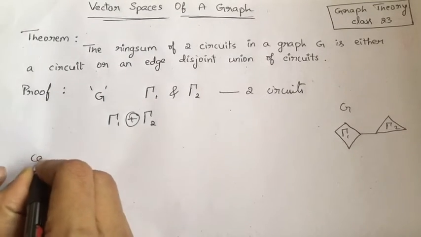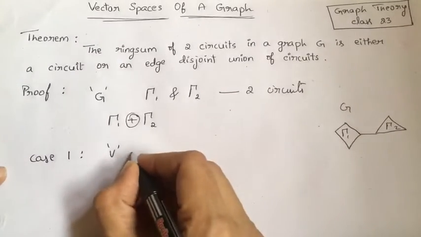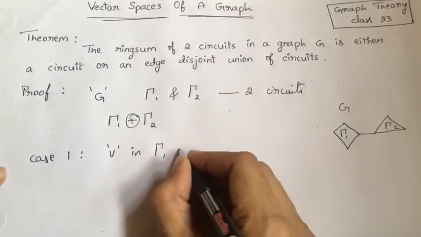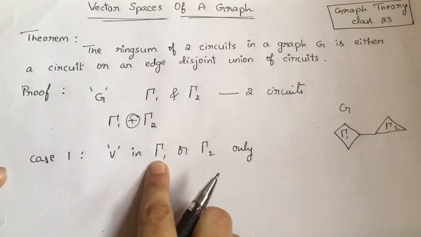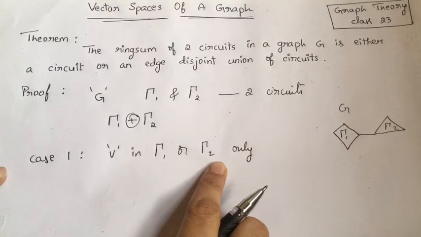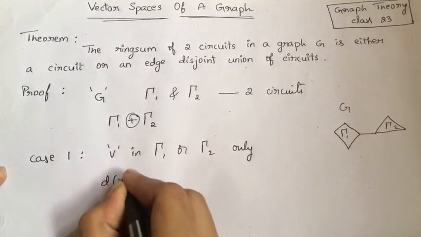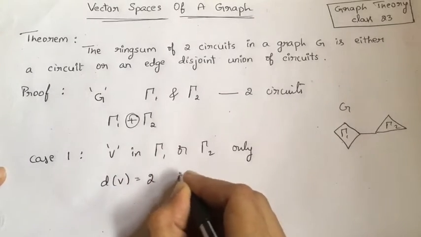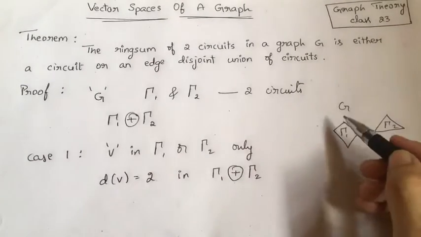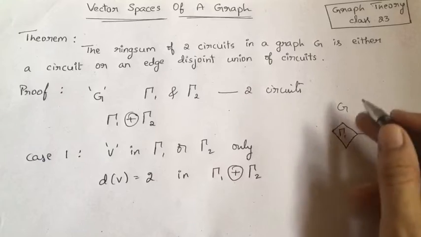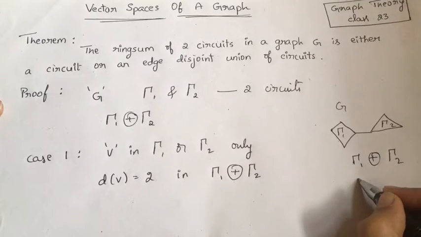Case 1: if V is a vertex which is in gamma 1 only or in gamma 2 only, that is, any vertex is either in gamma 1 or in gamma 2, then the degree of V should be 2 in gamma 1 ring sum gamma 2.